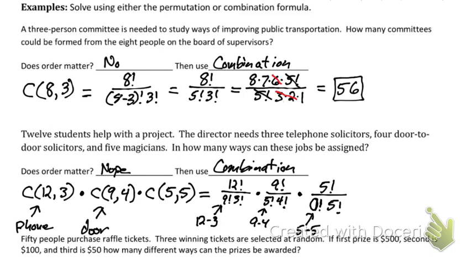In a problem like this, I might let you use your calculator, because it's just a lot easier. Take out your calculator and find your factorial button. It will be hidden in your math button section. Hit your math button and scroll to your right, and you'll see a probability section, and then you can use your factorial button.